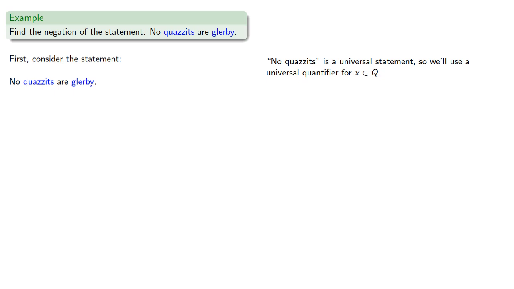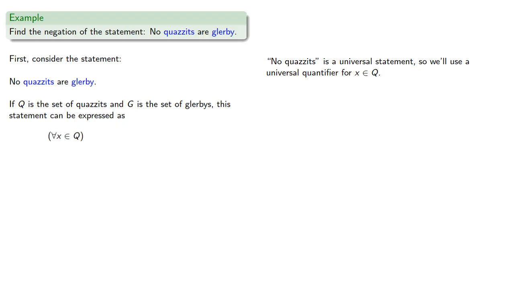If Q is the set of quasits and G is the set of glurbies, then this statement can begin: for anything that's a quasit. Now, we know that no quasits are glurby, and that means that if something is in Q, if it's a quasit, it can't be in G. So for anything that's in Q, it is not the case that it's in G.